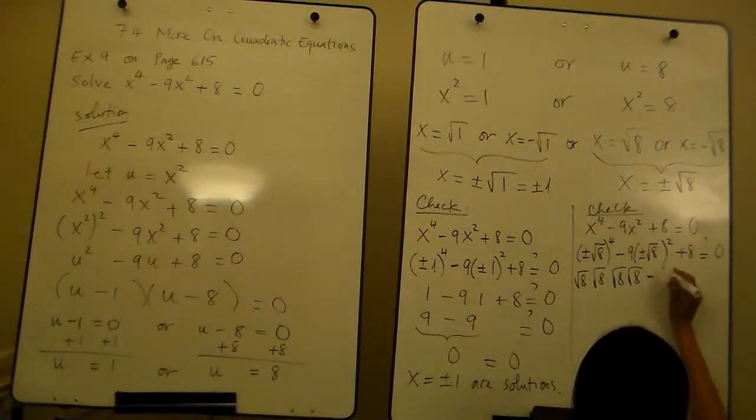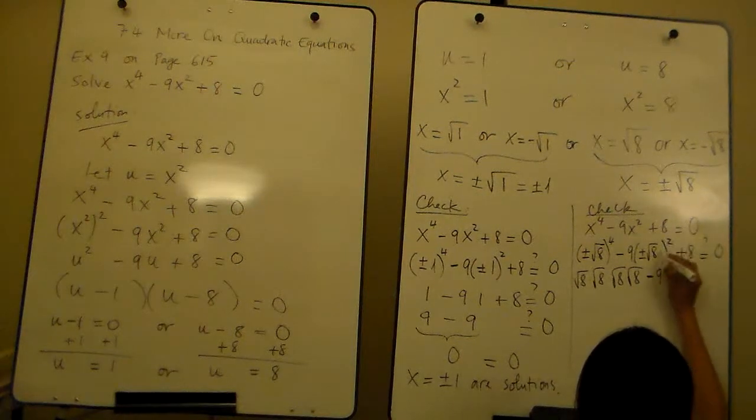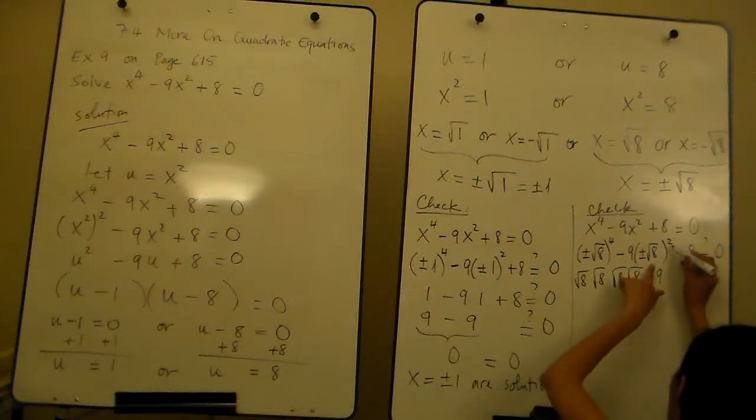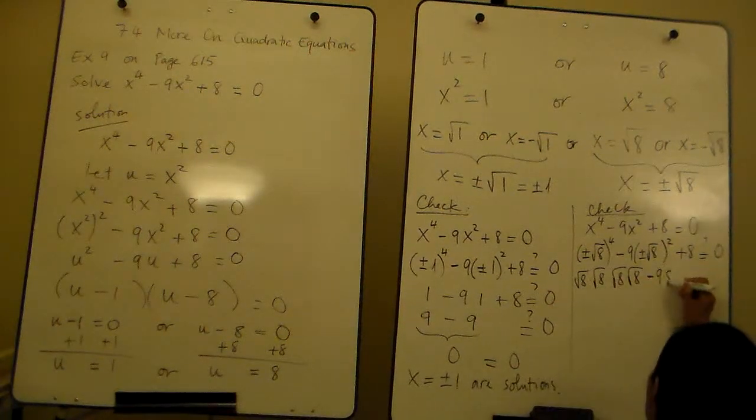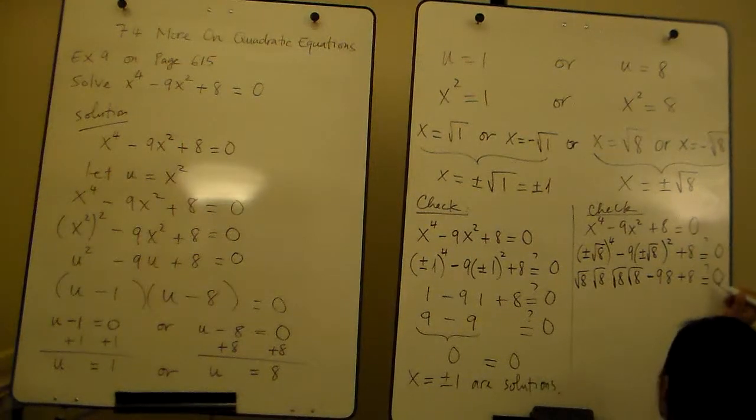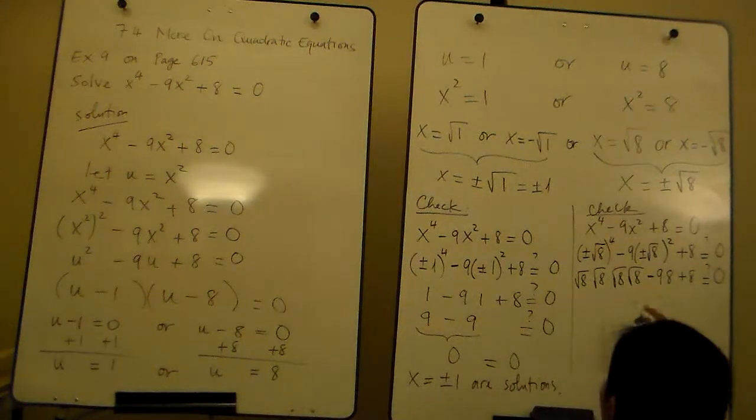So negative 9 times, when you raise this square root of 8 to the 2nd power, it is equal to 8, plus 8. You still want to see if it's equal to the right hand side, 0.